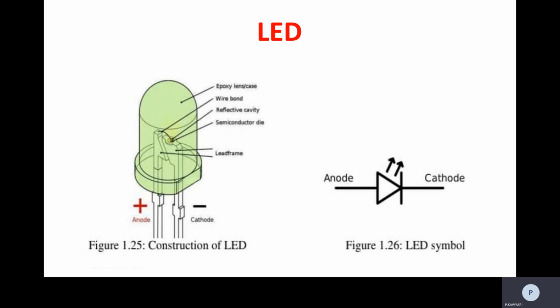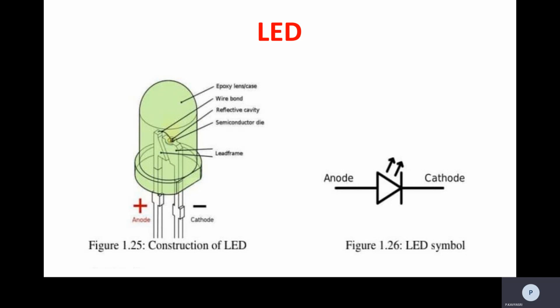The term epitaxy came from the Greek root word epi, meaning above, and taxis, meaning in an ordered manner. Epitaxy refers to the deposition of an overlayer in registry with the substrate, and this overlayer is called an epitaxial layer or epitaxial film. So this is the construction of an LED.